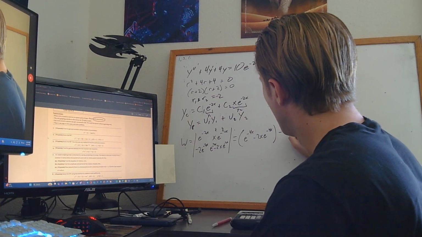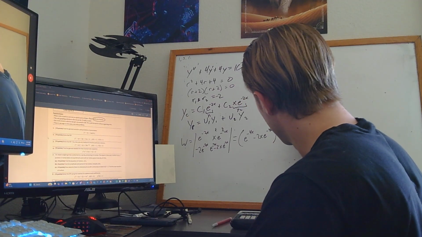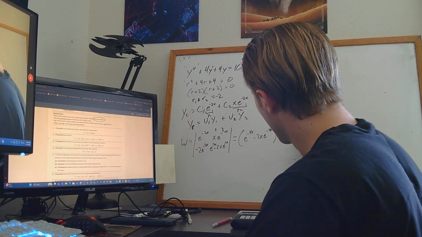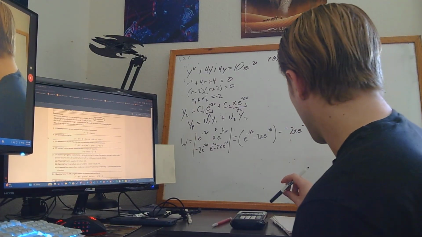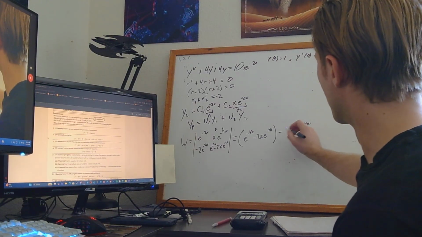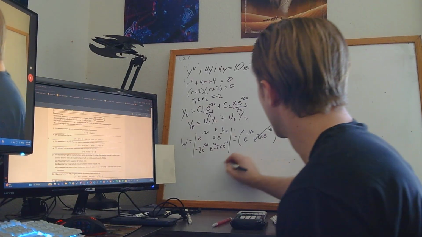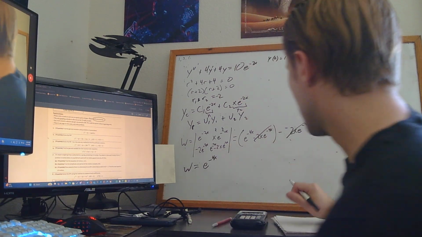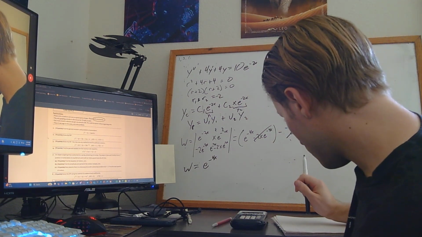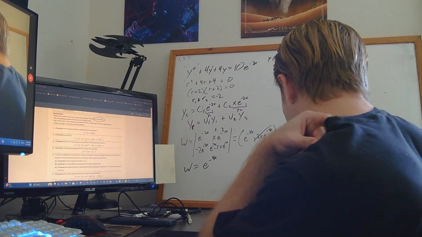Minus... okay, so this is going to turn into a plus because of double negatives, so these are just going to cancel out as the same thing. So my Wronskian looks like it's e to the minus 4x, right? I think so.